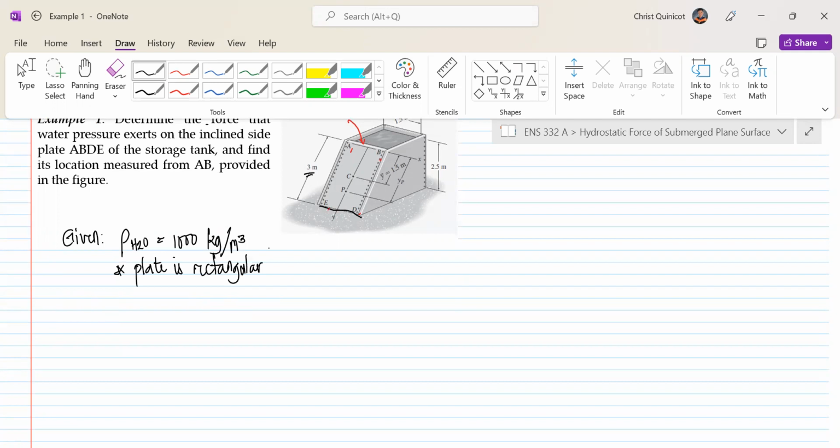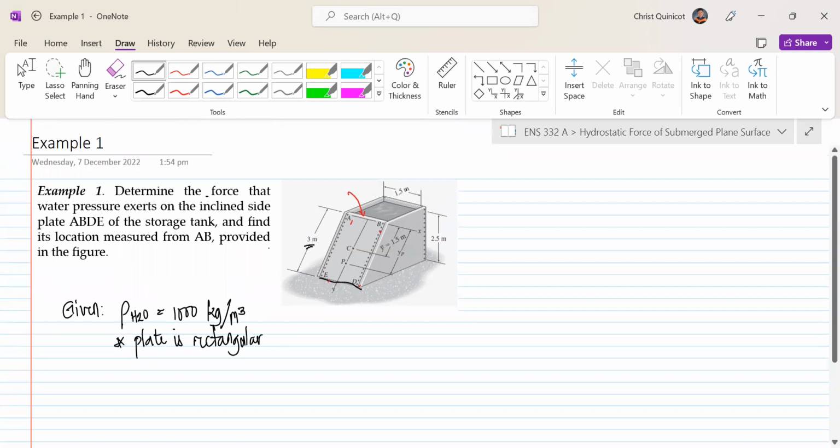Okay. Next would be our height, meaning the column of our fluid, which is 2.5 meters, right? So height is 2.5 meters.